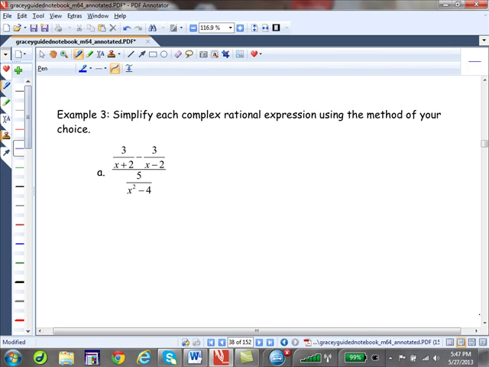So here we go. You see that in this one, we need to have an x minus 2 times an x plus 2 for our denominator. So the first part was missing the x minus 2. The second part is missing the x plus 2.